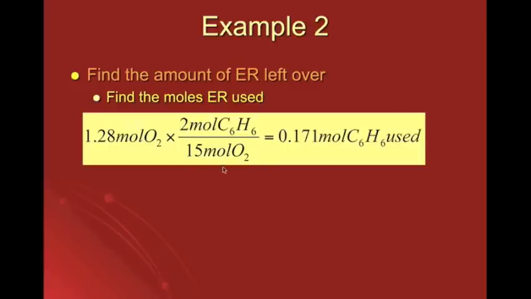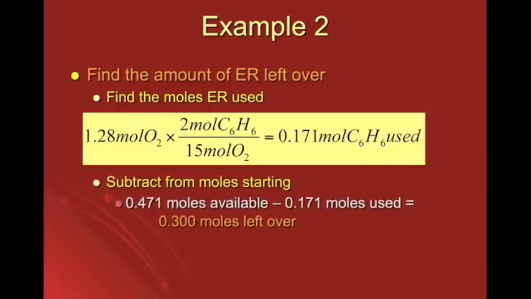Well, to do that, we use our molar ratio. We have 15 moles of O2 to every 2 moles of C6H6. We multiply 1.28 times 2, all divided by 15, and we're only using 0.171 moles of C6H6.